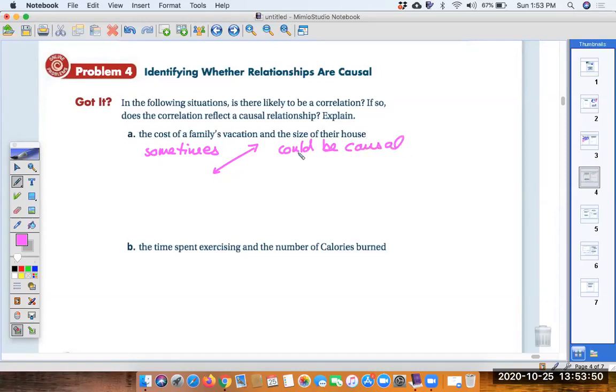No, it wouldn't be. I would say it's sometimes a positive correlation, but a lot of people spend money on their vacation, they just want to travel, but they might not have a big house, right? Sometimes. I'll just leave it as that. You have to think of different scenarios. The B is more clear to me.